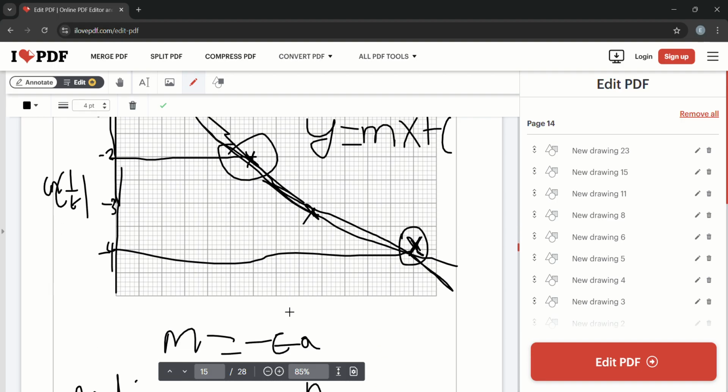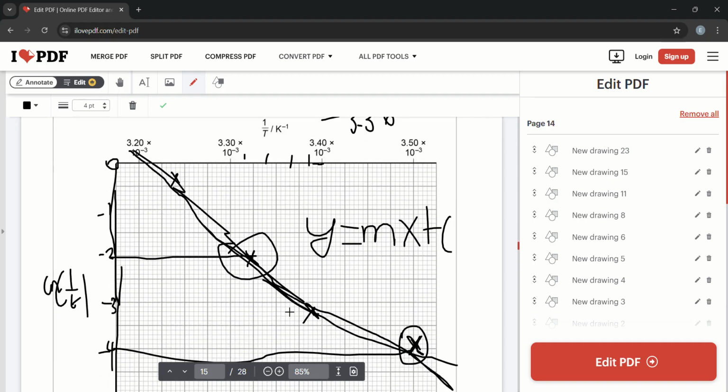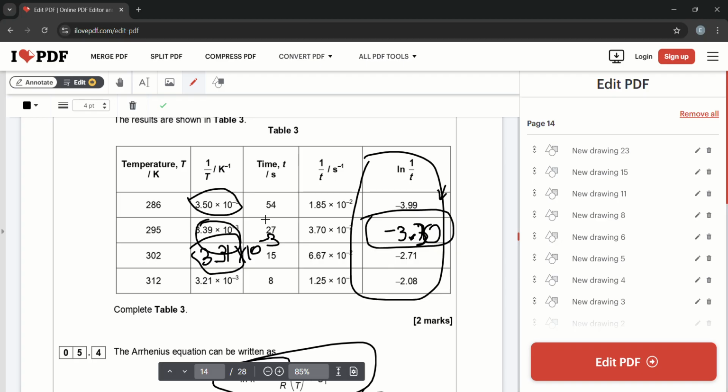So minus 4 minus 2 over 3.50 times 10 to the power minus 3 minus, what is that point there? 3.50.